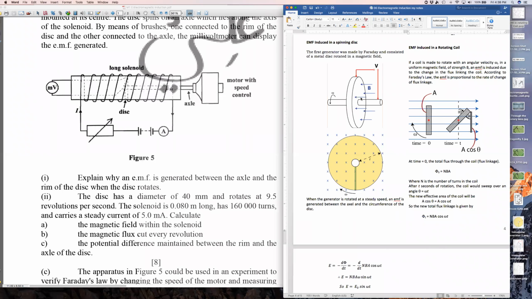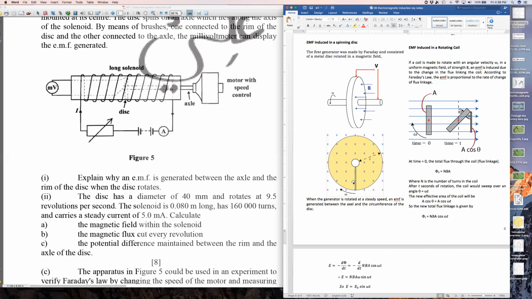The first point I made is you can consider this conducting disk, a copper disk or a brass disk, as made up of strands of wire radiating out from the middle. If we consider one strand, because I'm connecting from here to here, as that strand rotates, it will be cutting all of the field lines in this area.